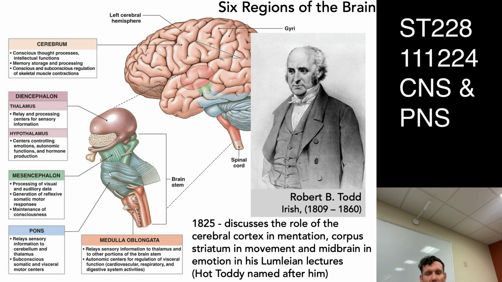Then this guy Robert Todd was an Irishman, and he began to discuss the other parts of the brain. So the brainstem, the diencephalon, the hypothalamus and thalamus, the mesencephalon or midbrain, with the cerebral peduncles, the pons, and the medulla oblongata. He talked about the brainstem and then the associated basal nuclei, which are not a part of this.